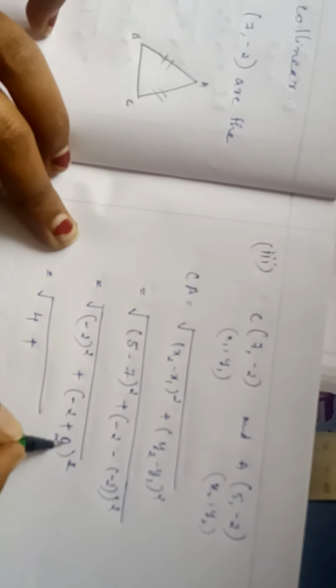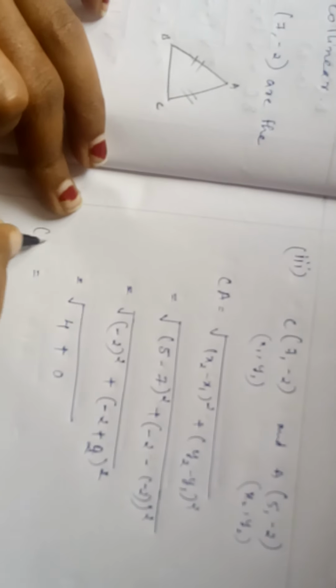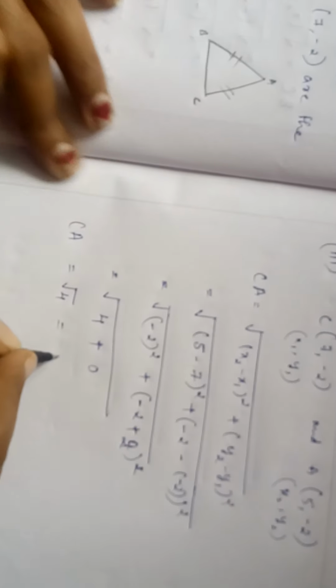Here the same number is there but with different sign, so it is 0. That is CA is root 4, that is 2 units.